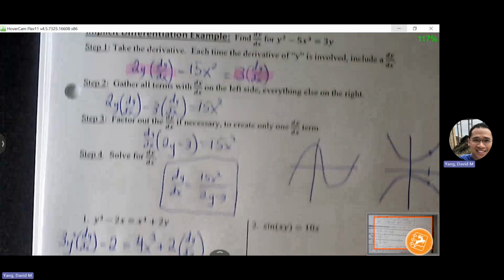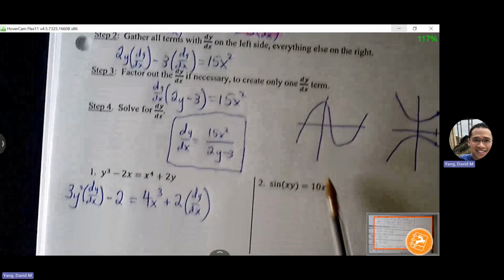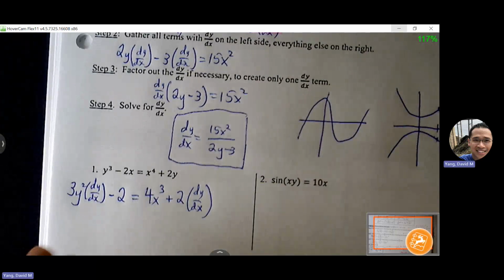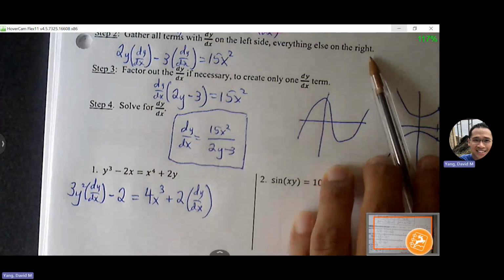All right, so see if you can follow the rest of the steps. We're going to gather all the terms on the left side of the equation with dy dx, and then move everything else over to the right side.